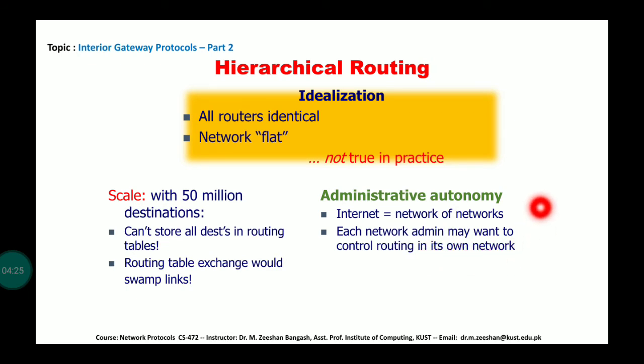So if that table has details about a large part of the wide area network, administrative autonomy is not possible practically. So the idealization that all routers need to be identical and the network needs to be flat is not practical. So here comes the concept of hierarchical routing.